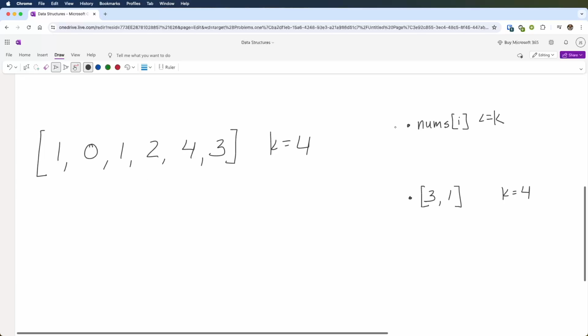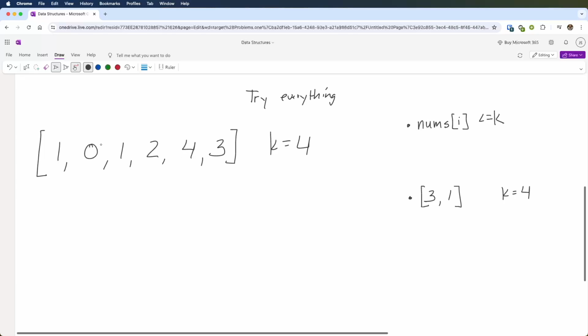So how would we actually go about figuring out the optimal way to solve this? I tried for a while to think of a good solution, but really what it comes down to is we just have to try every possible combination.